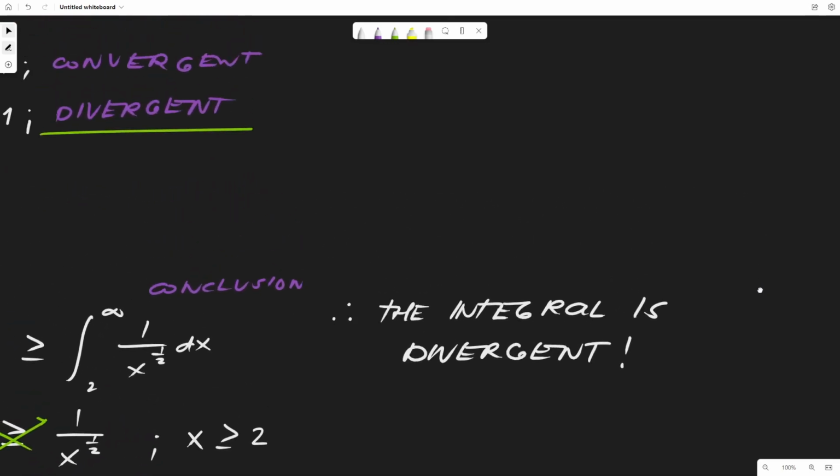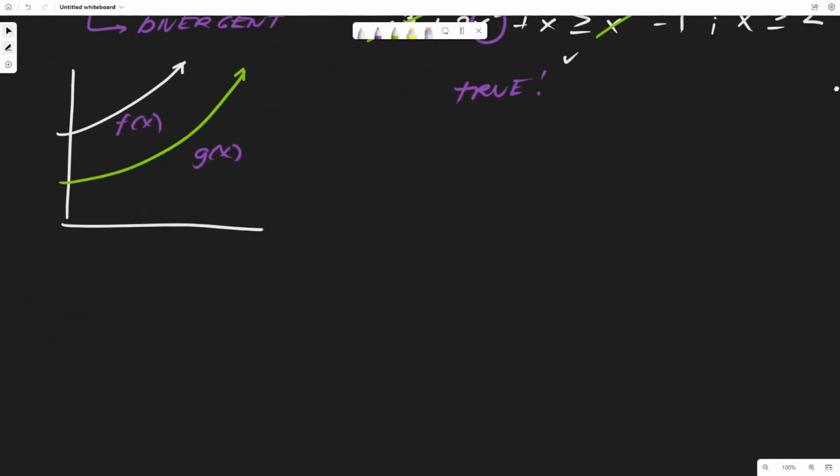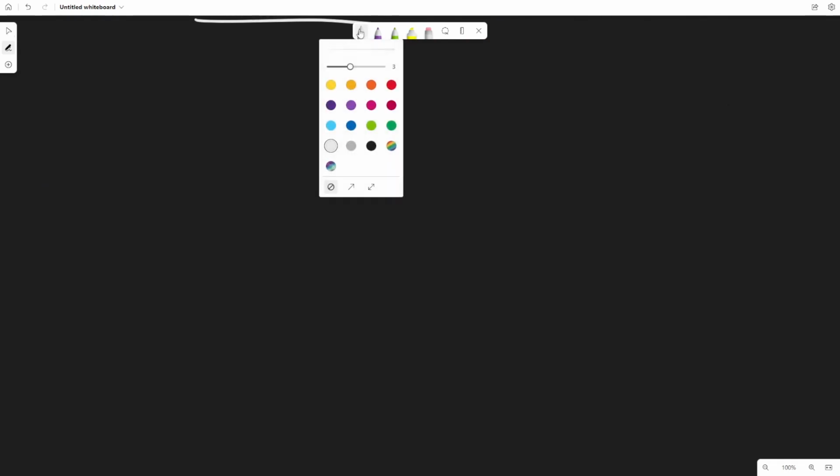So, let's proceed with the last example. This one below. So, we have the integral of 1 over (3x squared plus 1) squared from 1 to infinity, dx.